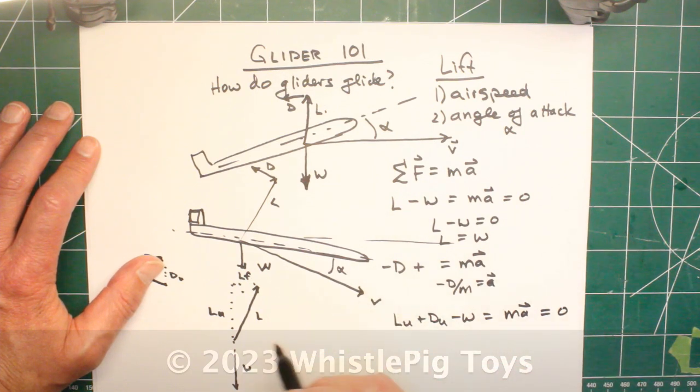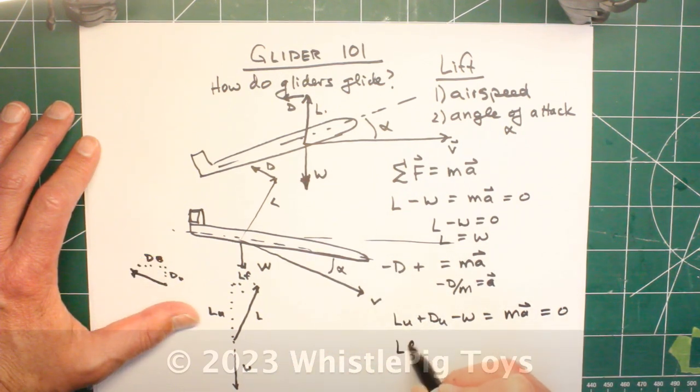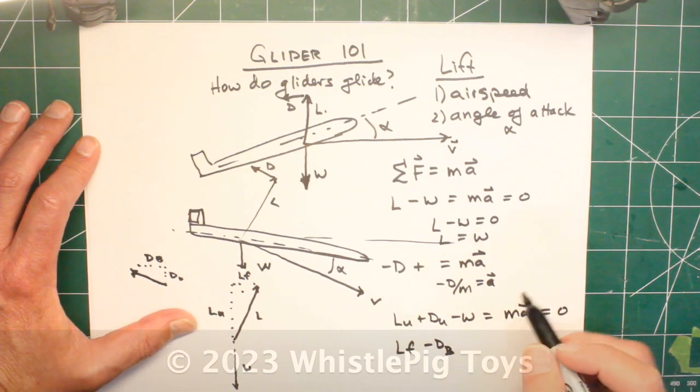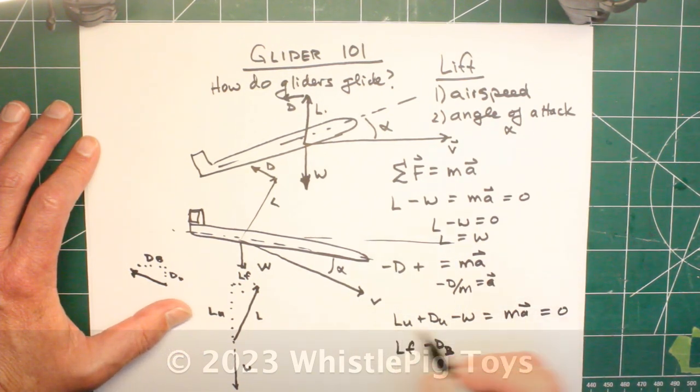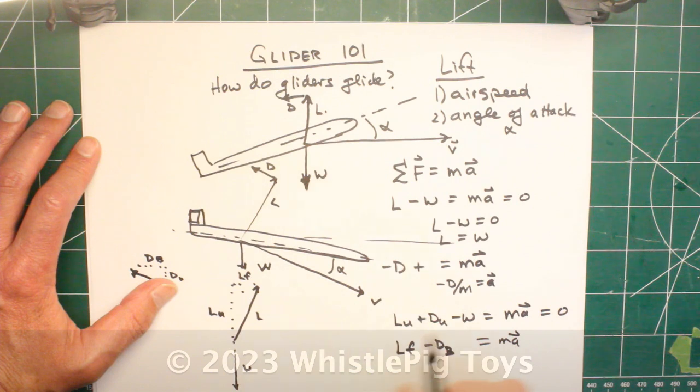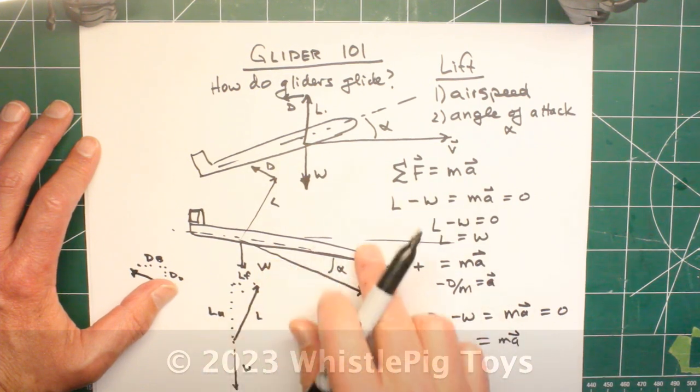We can also write the lift forwards minus the drag backwards is equal to ma, and that's also equal to 0, because this velocity vector is not changing anymore.